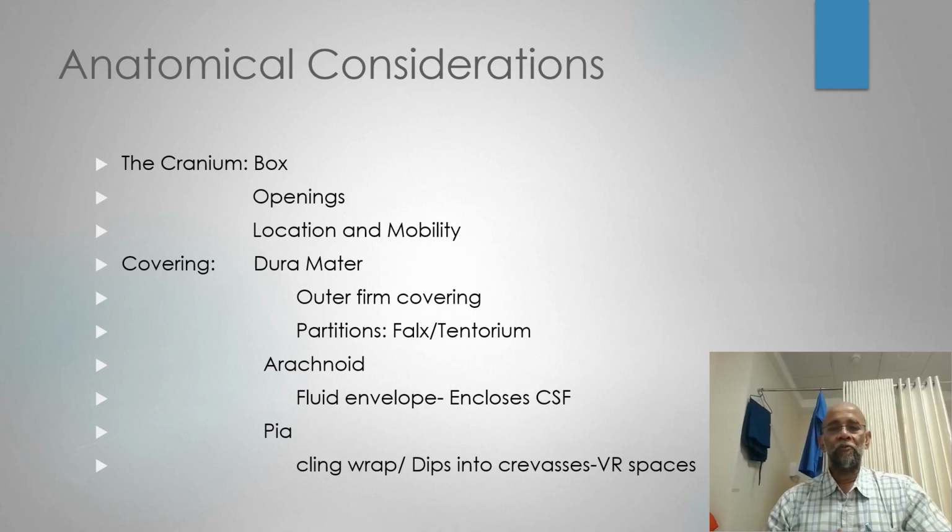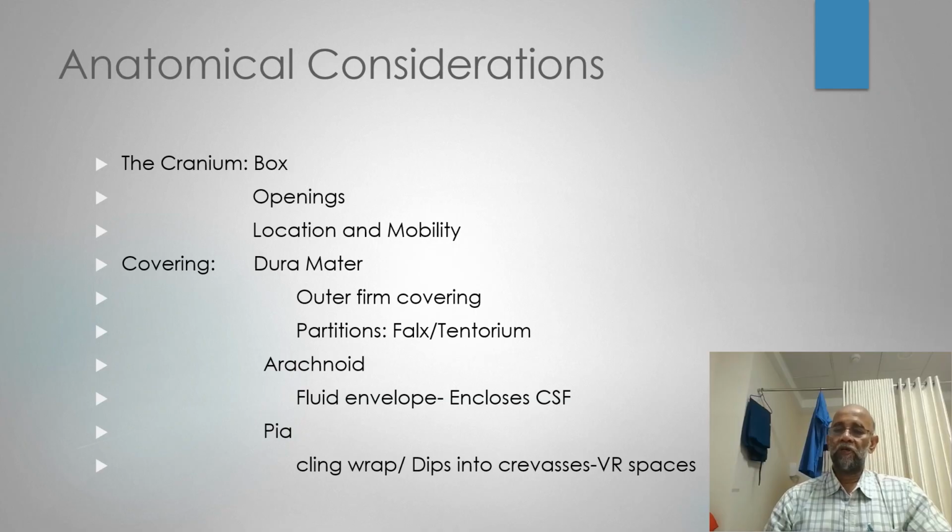The box has got openings, starting from minute openings in the cribriform fossa, through which the olfactory fibrils get in, to larger ones, the largest being the foramen magnum, through which the spinal cord exits and the posterior circulation blood supply comes in. The brain has a tri-layer covering for protection. The outermost covering is the dura mater, which translates into durable mother in Arabic.